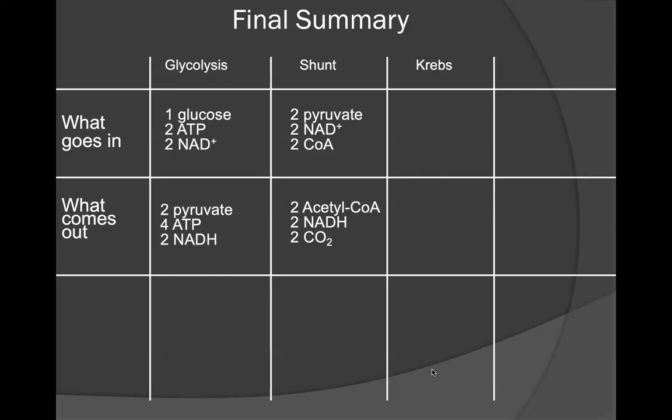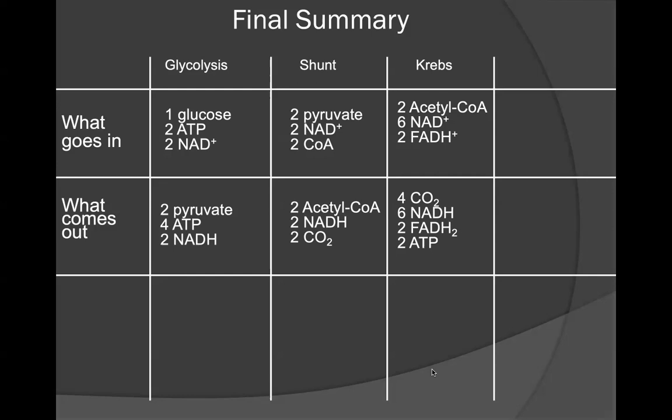In the Krebs cycle that occurs in the matrix of the mitochondria, we're taking 2 acetyl-CoA molecules. We're also going to be taking in a lot of oxidized electron carriers because we want to eventually reduce them so that they're carrying those high energy electrons. So we're going to use 6 NAD+, 2 FAD+. We're going to be generating a lot of carbon dioxide, 2 molecules of carbon dioxide for each turn of the cycle.